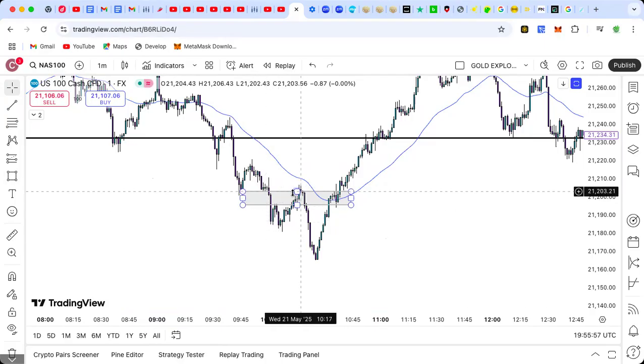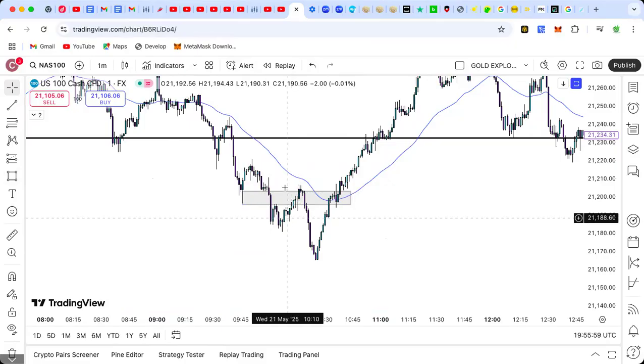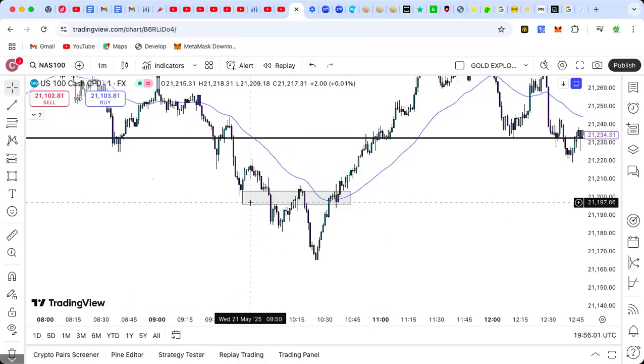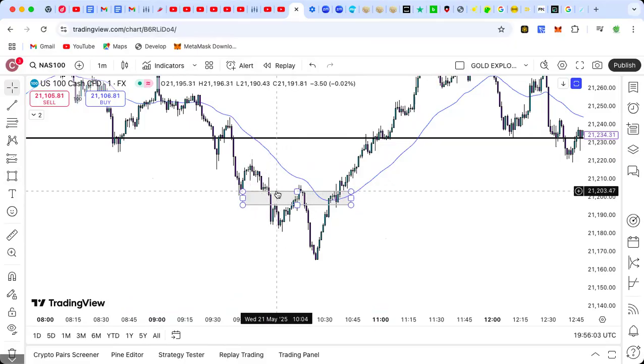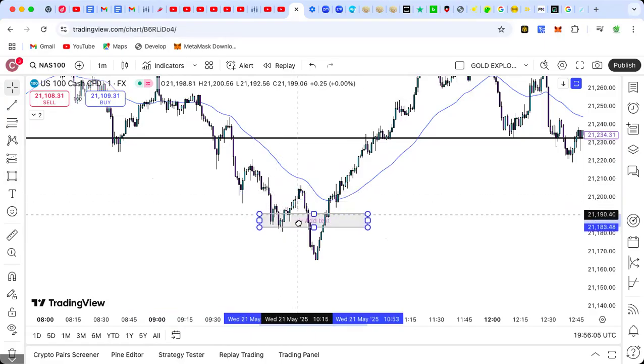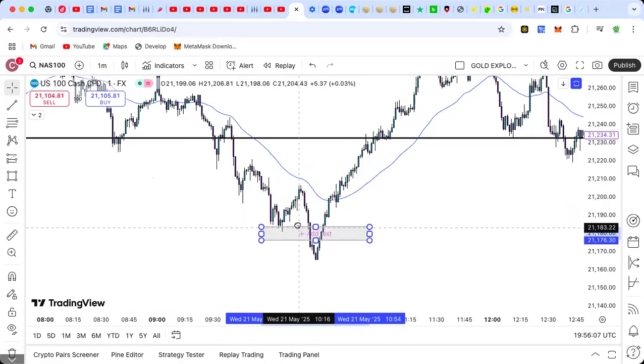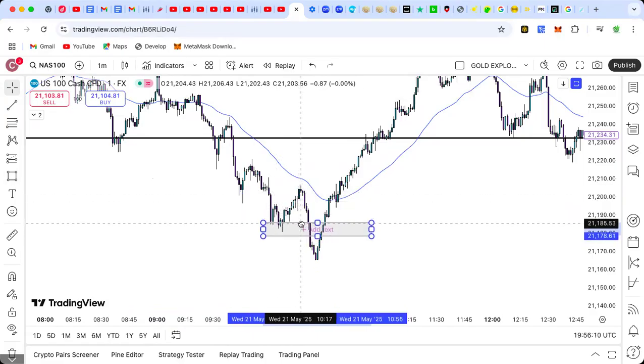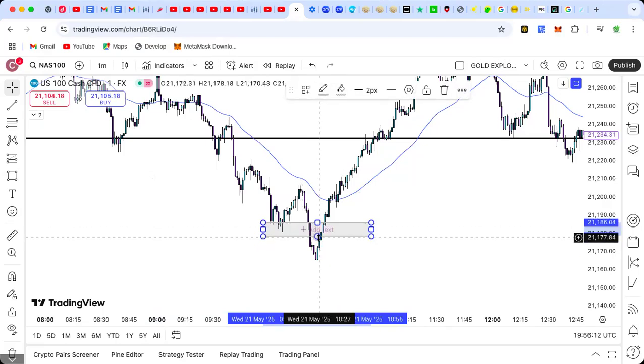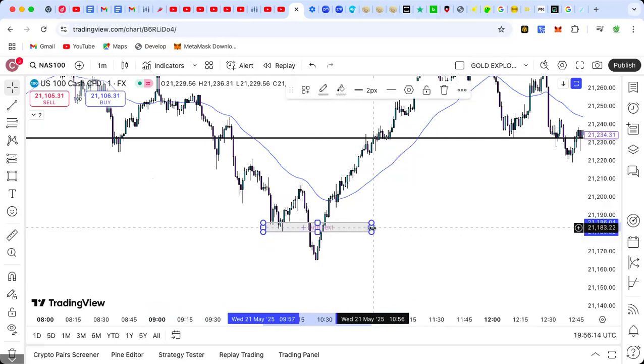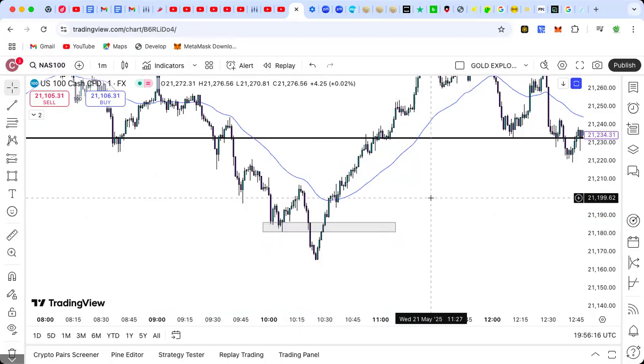Returning was rejected, so that means this failed. Now you are going to carry over. So let's carry over. Here, another support was created. Exactly. So you can see the discipline now.